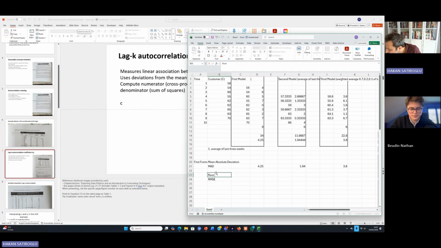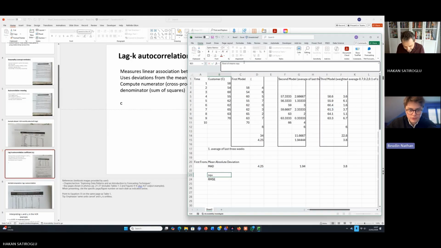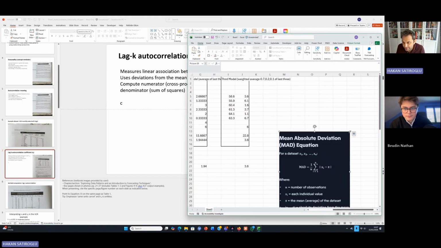I don't want to make something wrong. Root mean square error. Yes, correct. I'm reading online. All right. Okay. I'm going to bring that formulation as well. Okay. Here we go.